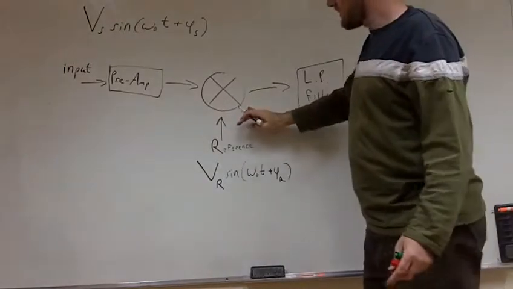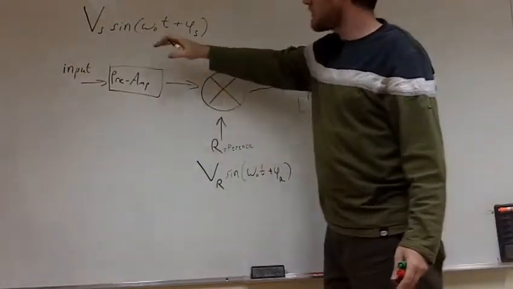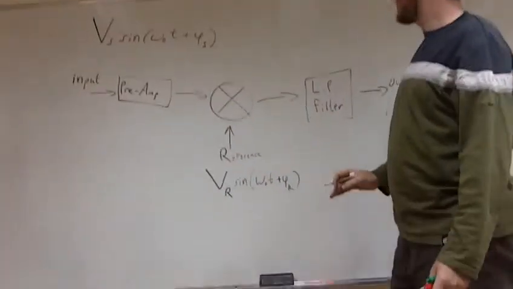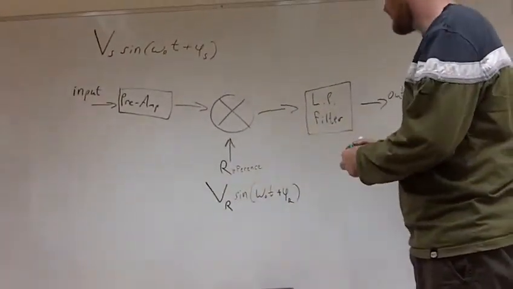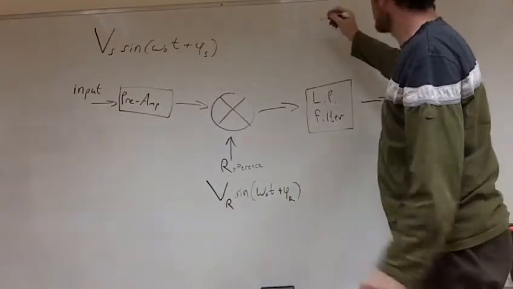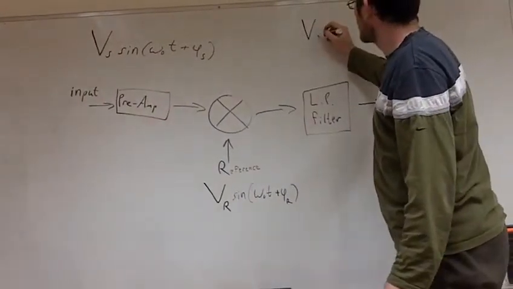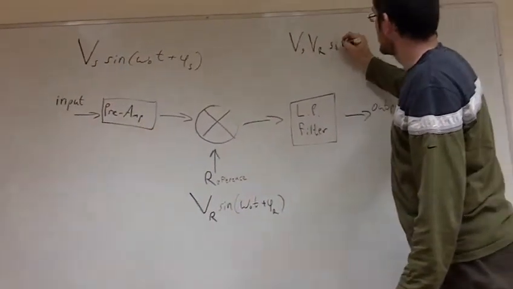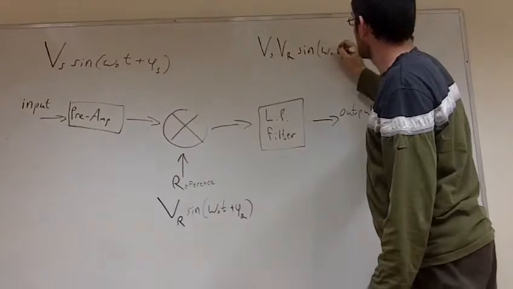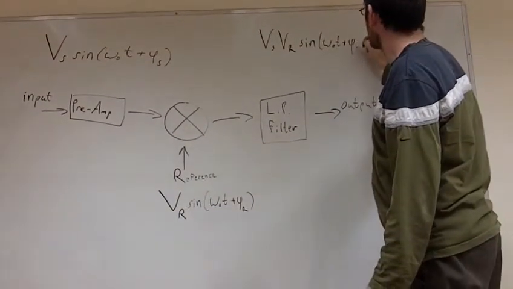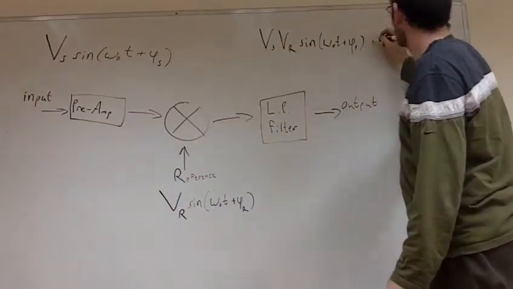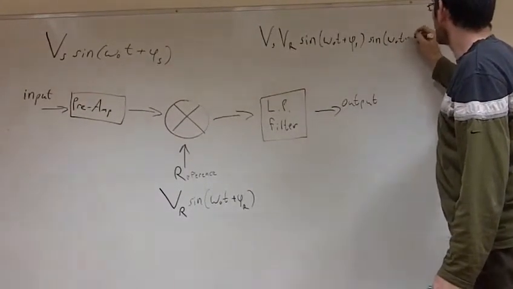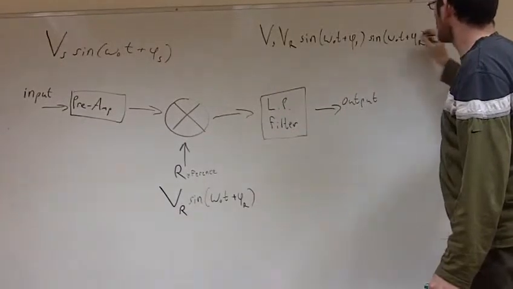So the mixing mathematically is the product of two, this times this. If we do the product of both, we will get V S times V R, sine of omega t plus phi signal, times sine of omega t plus phi reference.